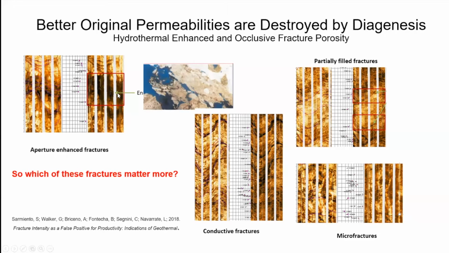Four different fracture types were found: aperture enhanced fractures, conductive fractures, partially filled fractures, and microfractures. Let's see what they tell us. The aperture enhanced fractures that we see here with this dark color, higher conductivity in this borehole image, are associated with diagenetic enhanced parts of the core influenced by hydrothermal enhancement and dissolution.